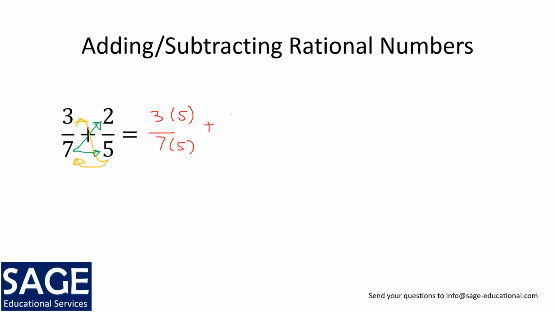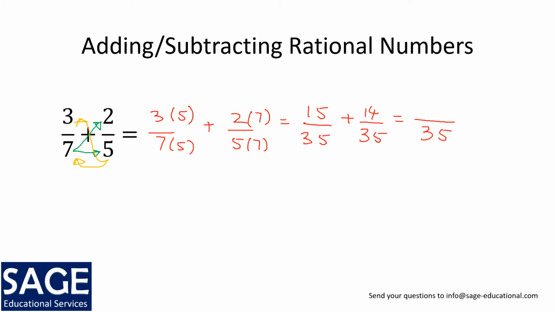Then I will write 2 over 5 and multiply both parts by 7. This gives me 15 over 35 plus 14 over 35. Now both fractions have the same denominator, so I will keep the denominator as 35 and 15 plus 14 is 29, and there is no number that divides both 29 and 35, so that is the answer for this addition.